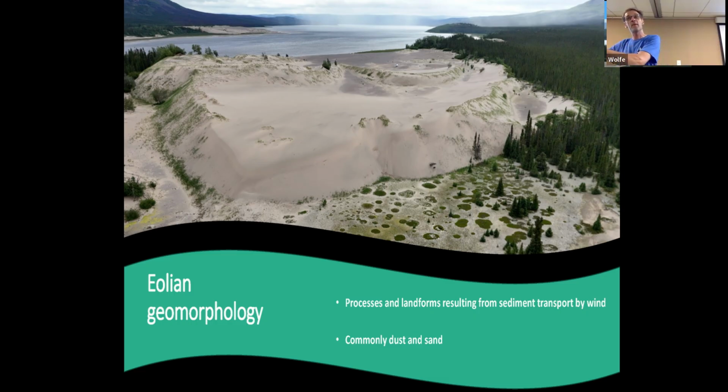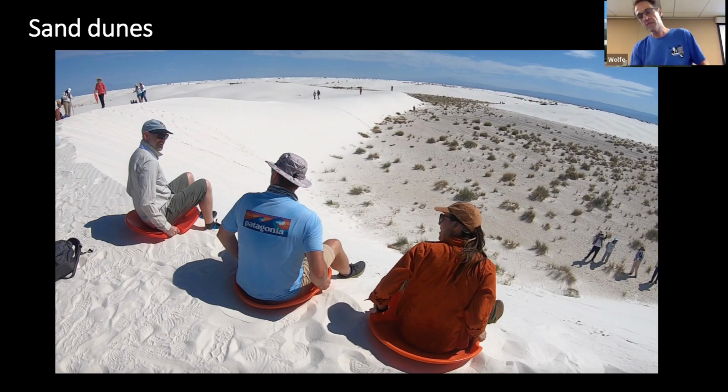There's one set of people that love to study the accumulation of just fine silt and clay. China, for example, has lots of loess accumulations. Actually, there are lots of loess accumulations also in the United States. But the area that I do is I study sand.